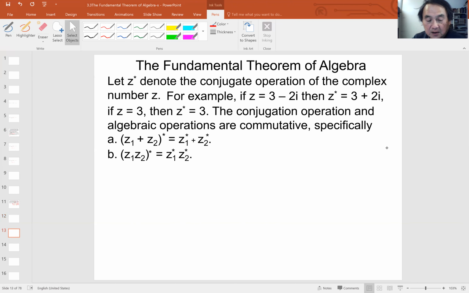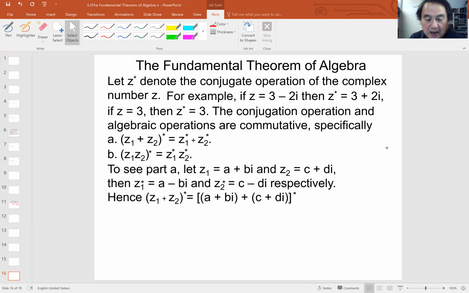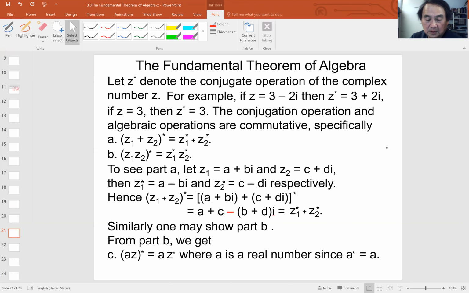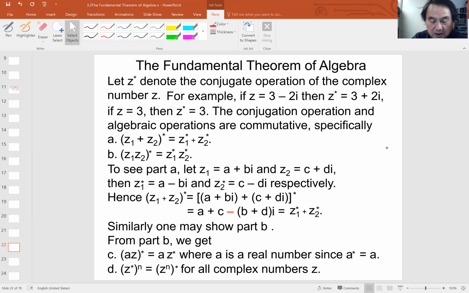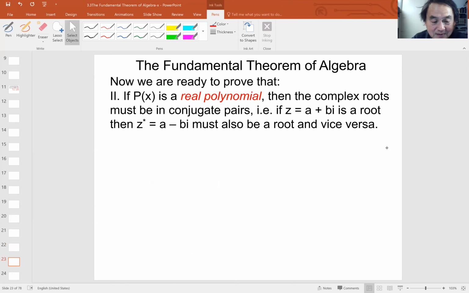It's very easy to check: you just multiply things out. And you can pull the constant out of conjugations. The same thing, if you raise the conjugate to the nth power, it's the same as raising to the nth power first, then taking the conjugate of that answer.